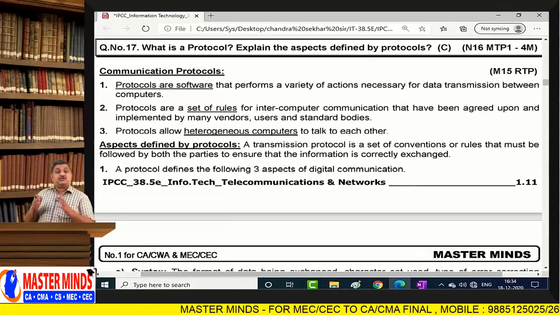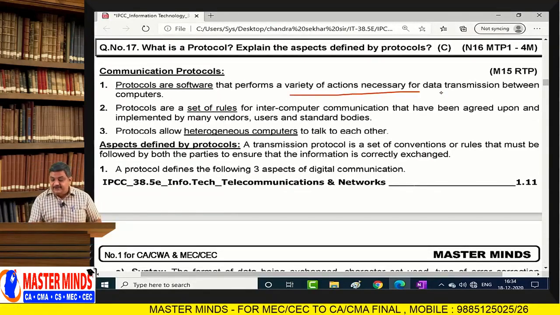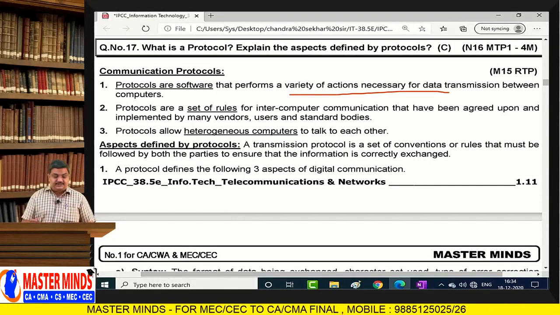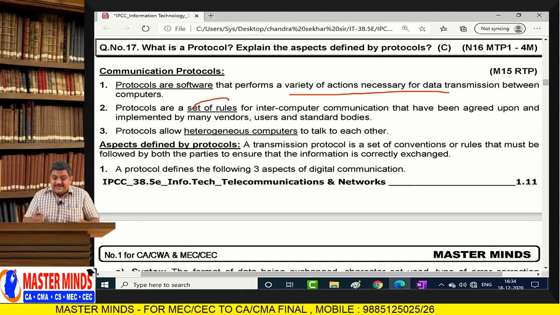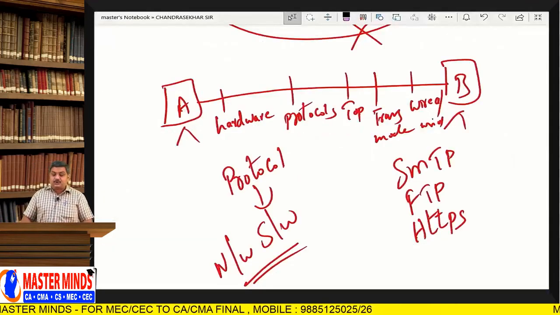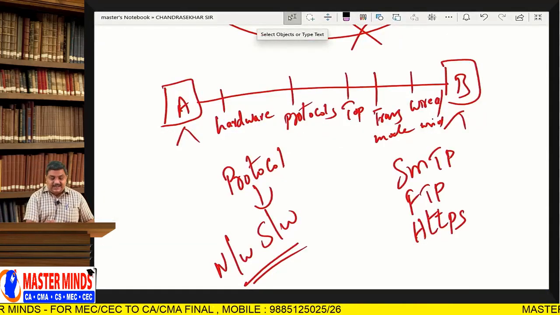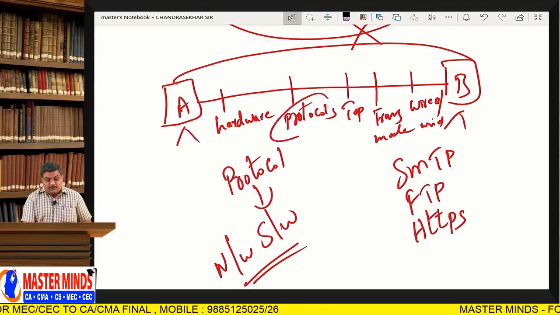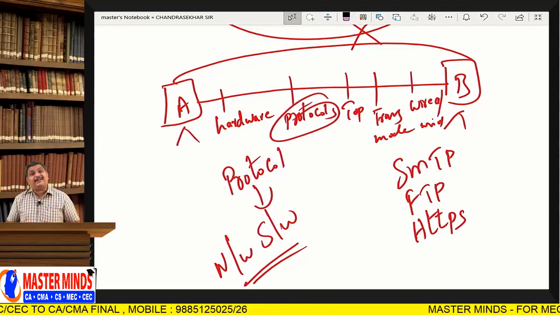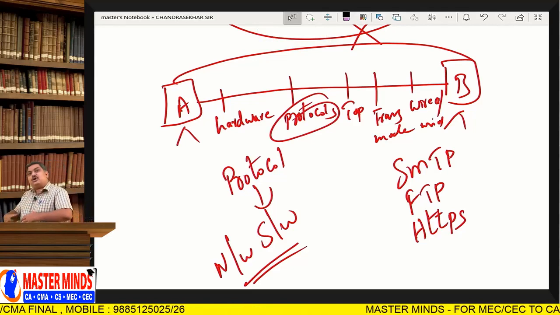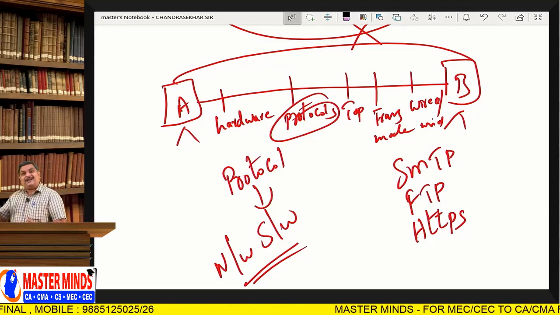Protocols are software that performs a variety of actions necessary for data transmission between computers. Protocols are a set of rules for inter-computer communication. That means when two computers want to communicate, for example here A and B, they should follow some protocols, some rules and regulations. Whenever one person wants to talk to another person, we first wish, hi, how are you?